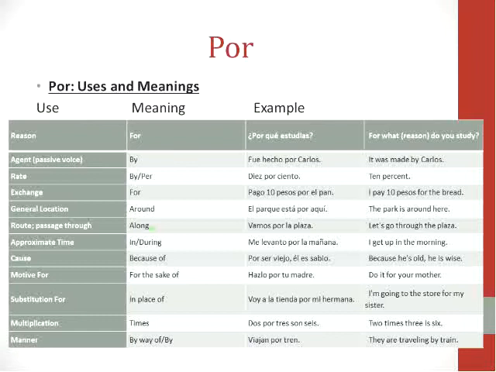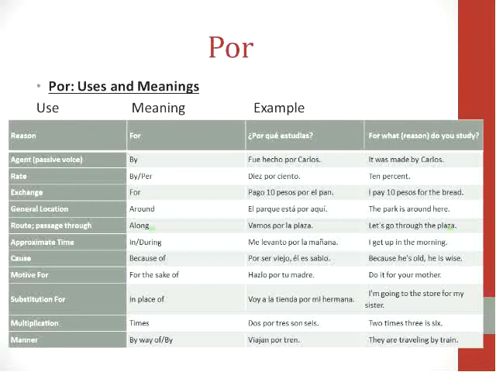It can mean along in this expression. Vamos por la plaza. Okay, let's get there by means of going through the plaza. So you're walking to town and you say, do you want to go this way or that way? Should we take this street or that street? And you might reply, vamos por la plaza. Let's go through the plaza.